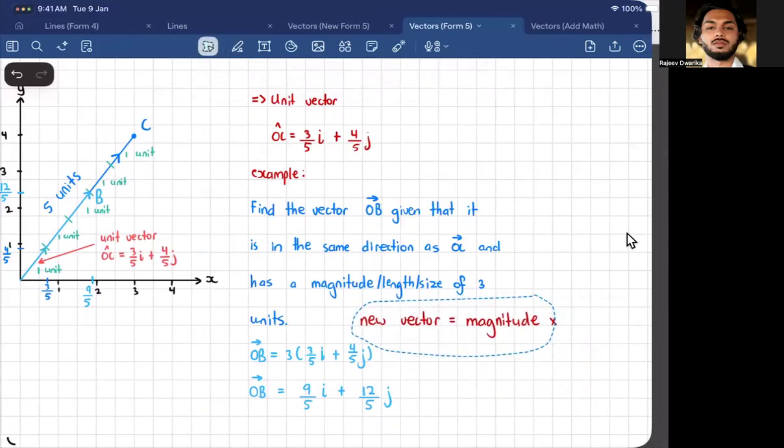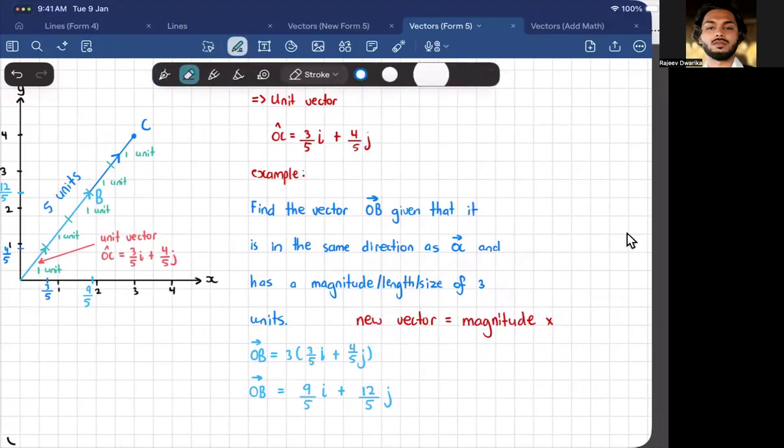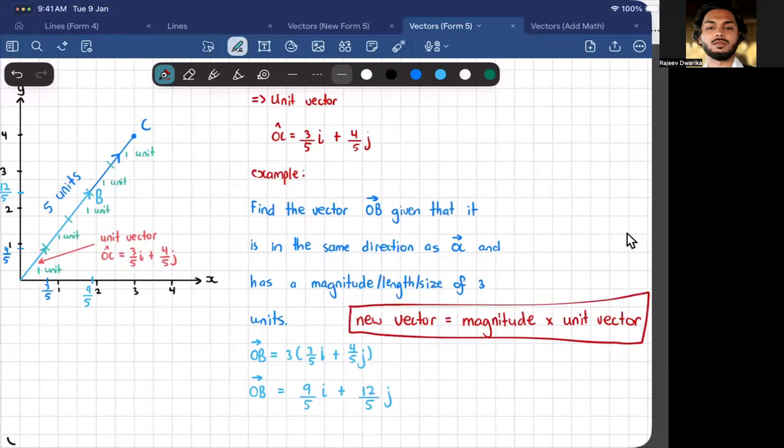See if you can figure that out, Sky. You're multiplying it by the what? The unit vector. Yep, and you get your answer. That's simple. This is the general procedure, and this is an application of it.